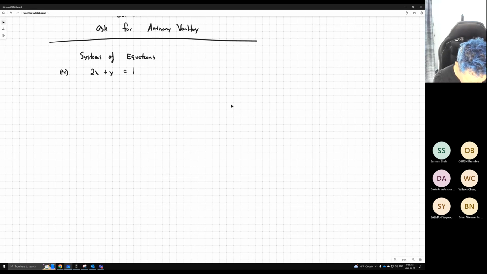And you'll have some number of equations. Most of the time in the real world, you end up with n equations and n unknowns, where n is just some positive integer.